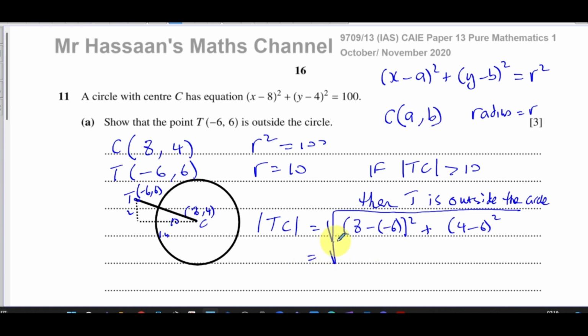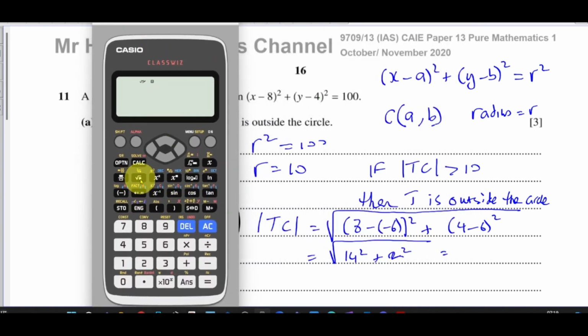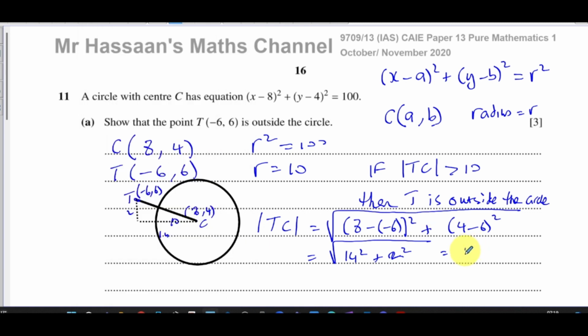That's going to be the square root of 14 squared plus negative 2 all squared, which is the same as 2 squared, which is 4. So that should give us our answer. The square root of 14 squared plus 2 squared gives us 10 root 2. Of course, 10 root 2 must be bigger than 10.